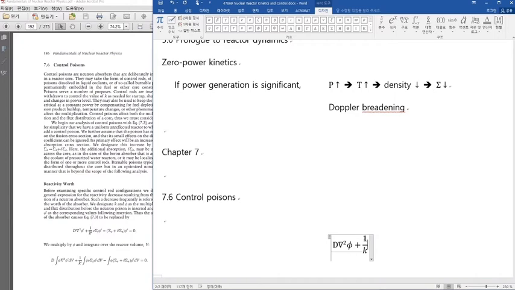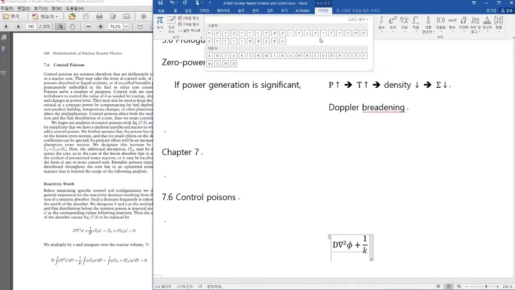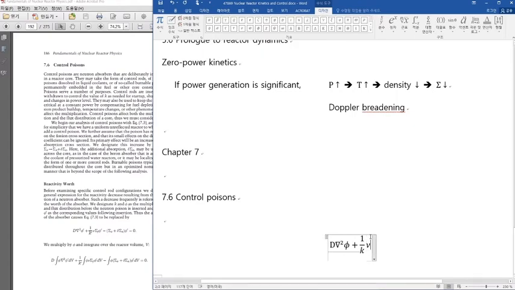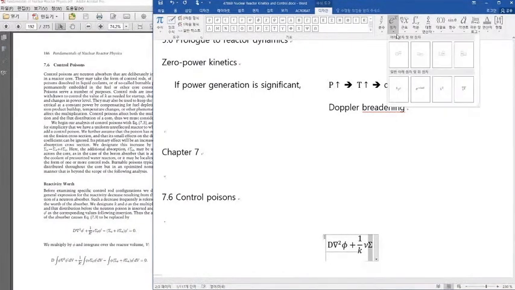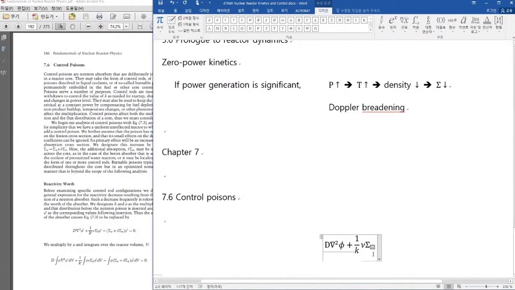And basically nu would be the average number of neutrons produced, times sigma f and phi, minus sigma a and phi.